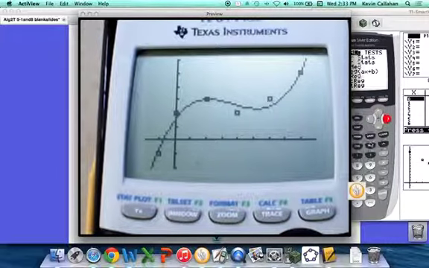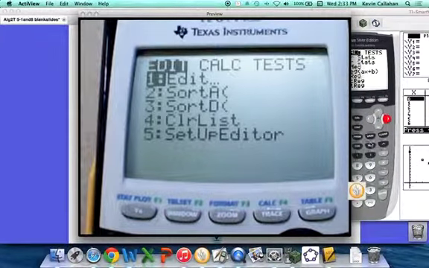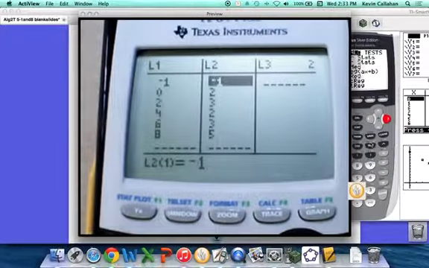Now, if I wanted to estimate from this data, if you remember our data, it was stat, edit. Our data goes up through 8. What if I wanted to know what the model would say about the value of y when x equals 10? That would be a prediction.